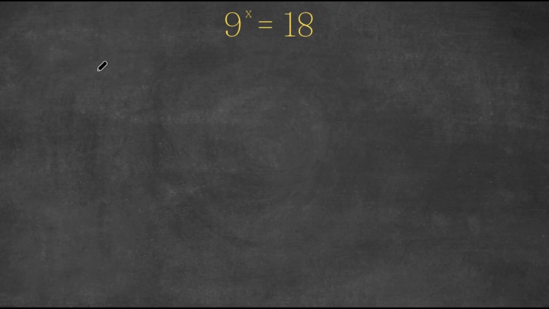So what I'm first going to do is I'm going to take the log of both sides. So now we have log 9 to the power of x equals log 18.